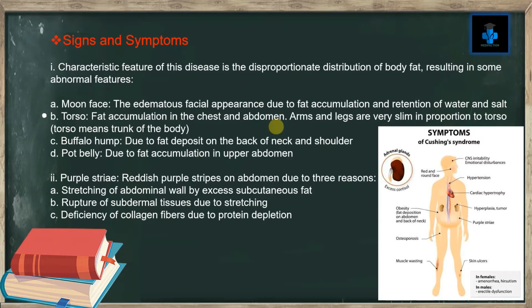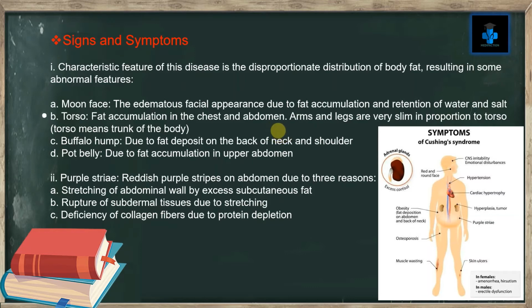Fat accumulation in the chest and abdomen. Arms and legs are very slim in proportion to torso. Torso means trunk of the body. C. Buffalo hump. Due to fat deposition on the back of neck and shoulder. D. Pot belly. Due to fat accumulation in upper abdomen.